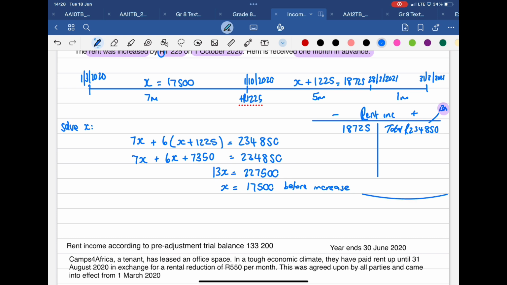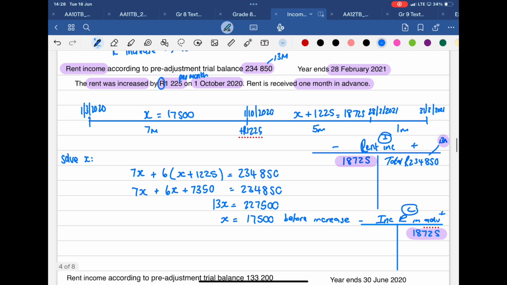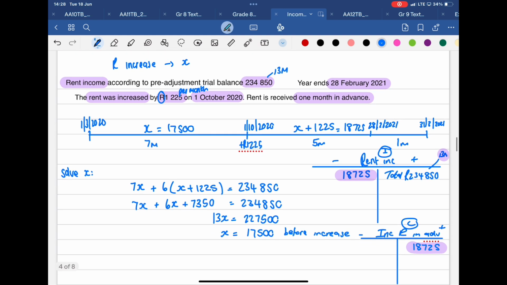My rent is too big, so I have to make it smaller as I can't show next year's income this year. So I debit rent income with 18,725, and the credit is income received in advance, which is always a liability because we received money before we earned it. Technically, we owe this money to the tenant up until they use the space, and then we earn the money.